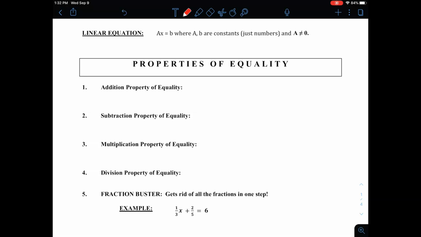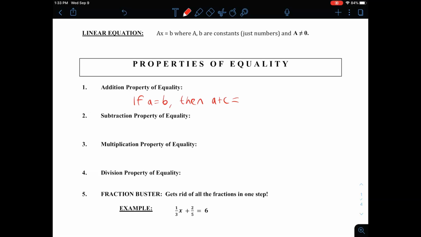Properties of equality, you probably know these and have been using these for a while, but these were proven, and it's basically how solving equations works, right? So if you add something to one side, you have to add it to the other side, and all those other kind of things that we do in algebra. So basically, if a equals b, then for the addition property of equality, a plus c is going to equal, what do we think?